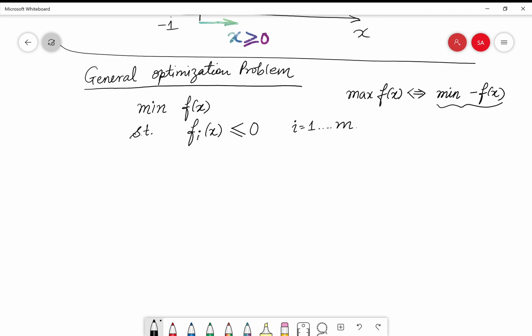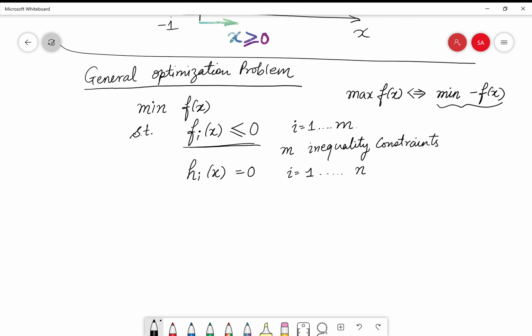So these are m inequality constraints, and you can have some equality constraints also. So let me write them as hi of x equal to 0, where i goes from 1 to p, and these are called p equality constraints.